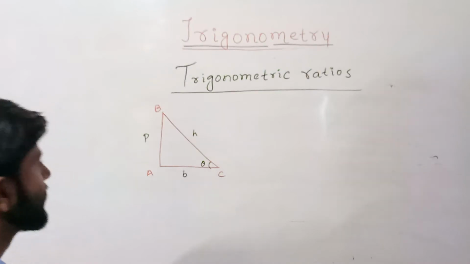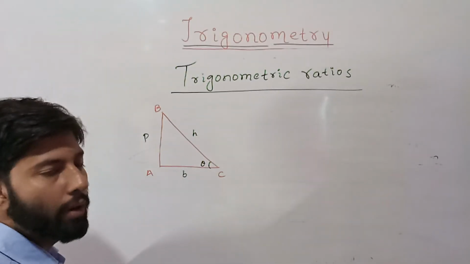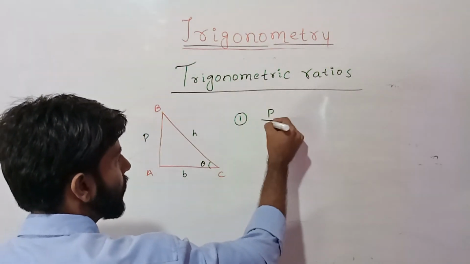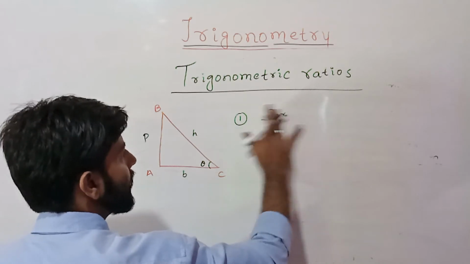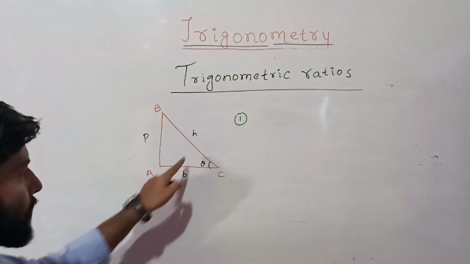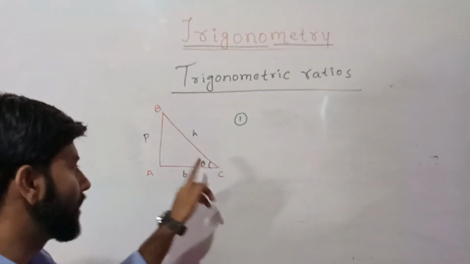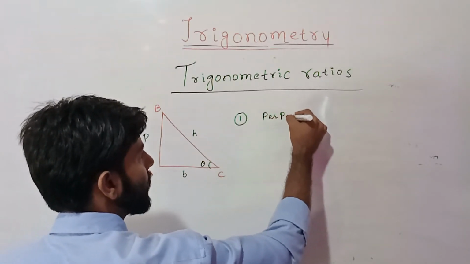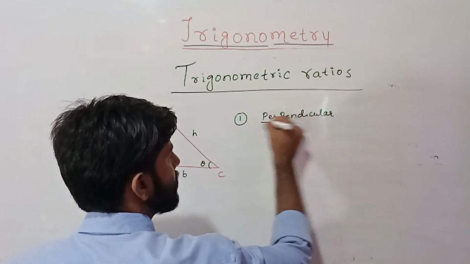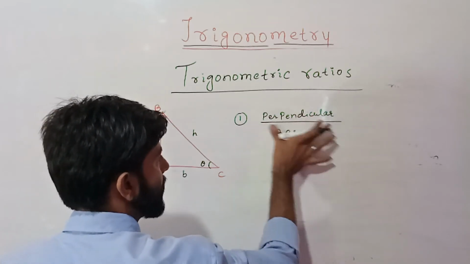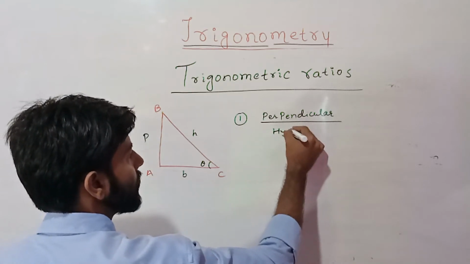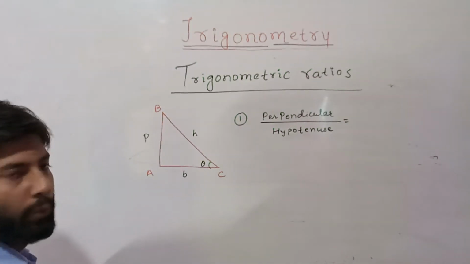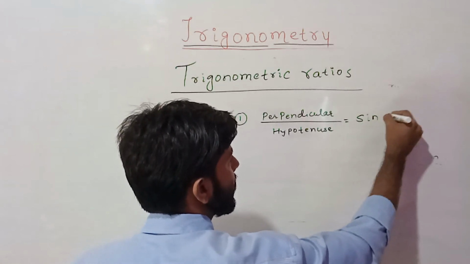So these ratios have special names or special meanings. Suppose that I am talking about the first ratio, P upon B, meaning perpendicular. The most important thing, P or B always depends upon the theta where you are observing. So if I talk about perpendicular upon hypotenuse, it will come out to be a new name for you, that is sine theta.